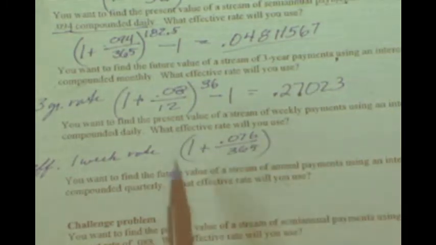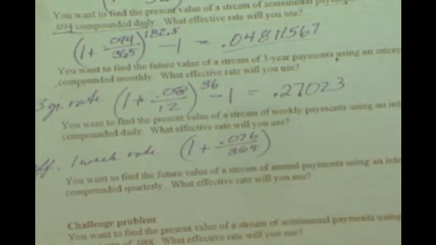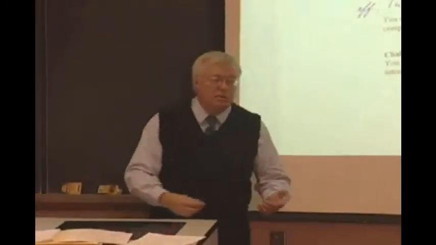So I've got 1 plus a 1-day rate, and I want to expand it out how many periods? 7. 7 days in a week. Now, this one is a little bit too small for me to estimate, so I'm just going to trust my calculator.